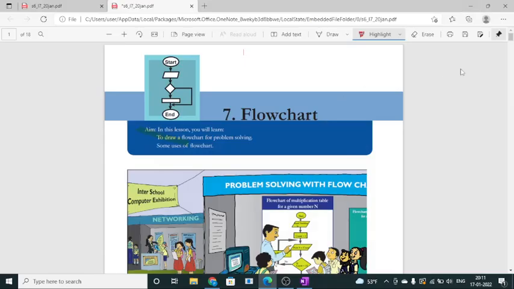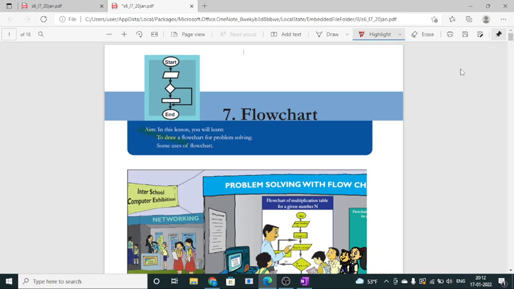So hello, today our topic is flowchart. Today in this topic we'll be understanding what is a flowchart, uses of flowchart, with some examples. Many questions might come to your mind: why understand flowchart?